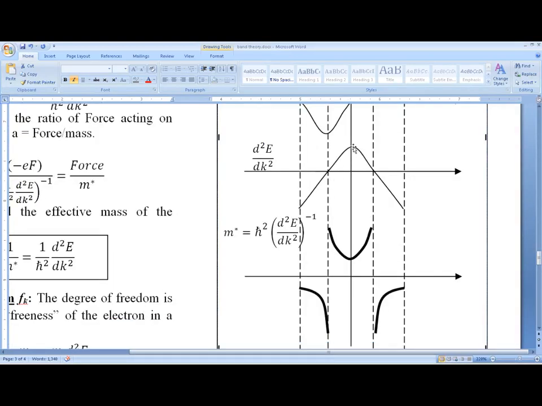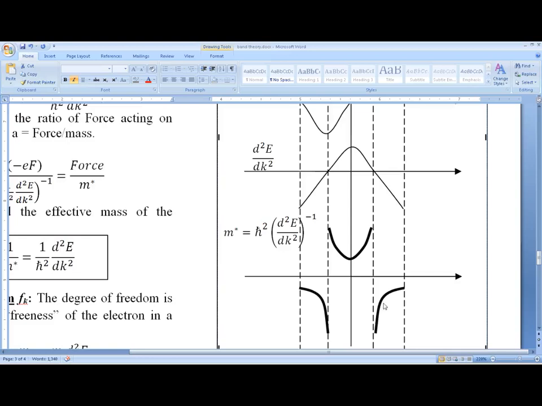And similarly if you take this point and its inverse, 1 by this, as this is the largest quantity magnitude wise, 1 by this largest is going to be the minimum value. That's why the graph has fallen down here. You can see here, this is the maximum, whereas the inverse of this maximum will be the minimum. And once again, on the other side, this graph goes to positive infinity from the left hand side, whereas on the other side it goes to negative infinity from the right hand side.